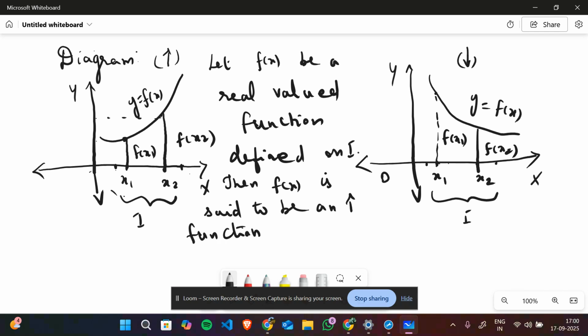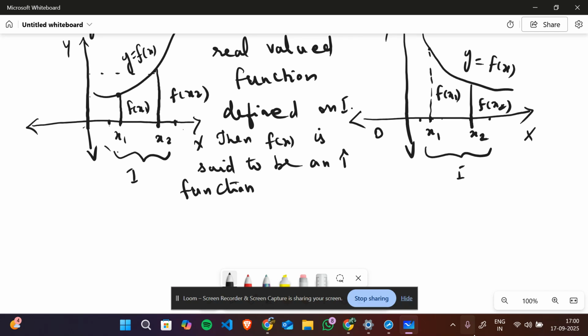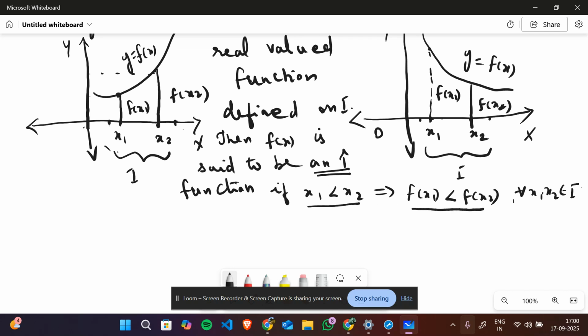Similarly, f of x is said to be a decreasing function. What's the condition? Let's see that. Now, f of x is said to be an increasing function if whenever x1 is less than x2 implies f of x1 is also less than f of x2 for all x1 comma x2 belongs to the interval I. The condition is x1 less than x2 implies f of x1 less than f of x2.